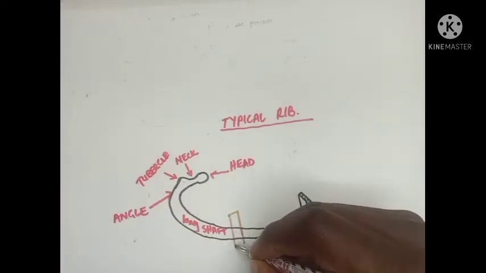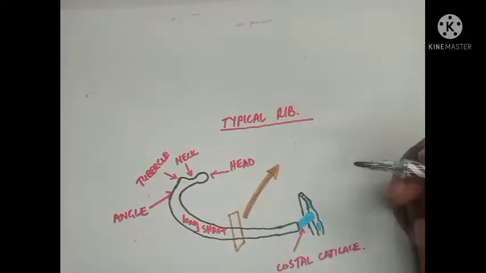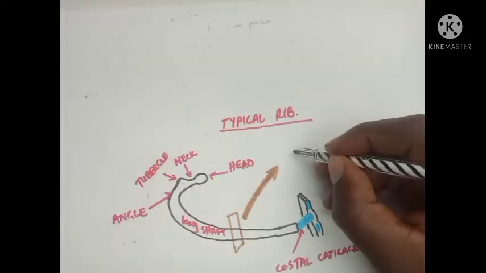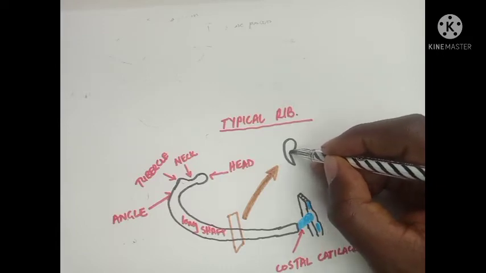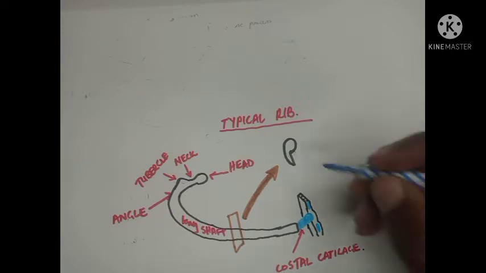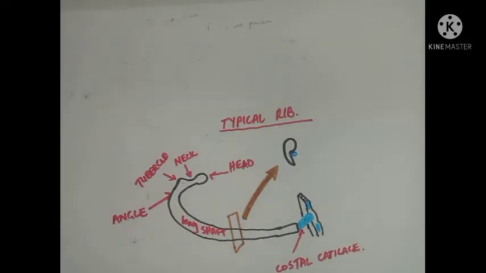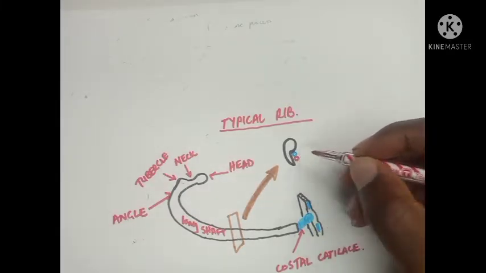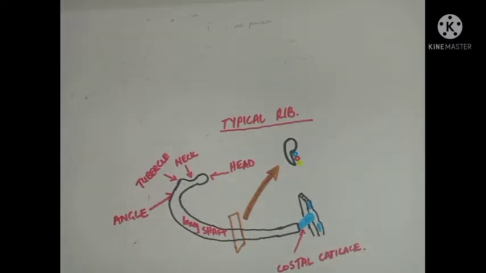So if you are to take a cross-sectional look of the shaft of a typical rib, you will realize that it has got a smooth and rounded posterior border and a very sharp inferior border that has got a groove inside called the costal groove. So this groove is where a vein, an artery, and a nerve are found.